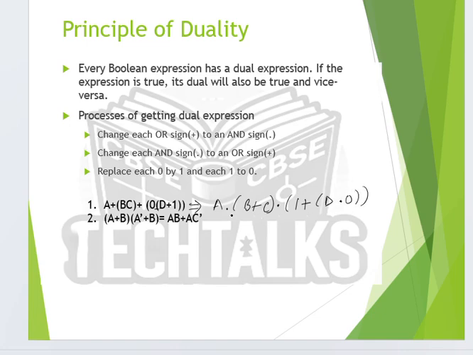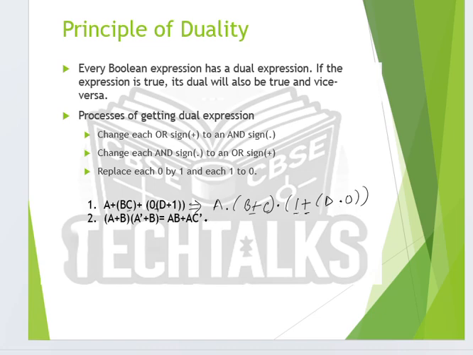So what have we done? AND is made to OR. There are 3 ORs, 1, 2, 3, so we have 3 ANDs, 1, 2 and 3. There were ANDs at two places, so we have got 2 ORs. And there was 0, so 0 is converted to 1 and 1 is converted to 0.